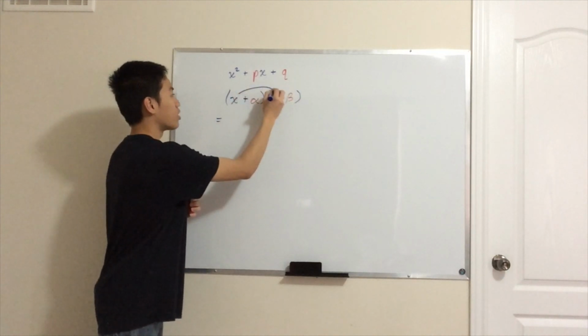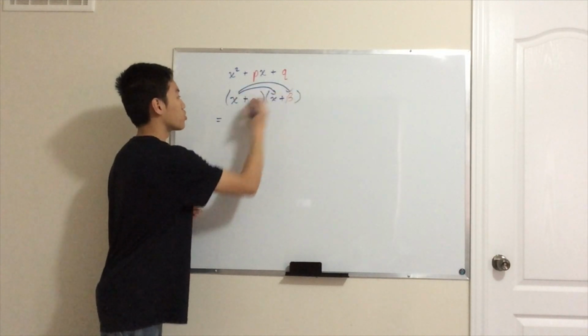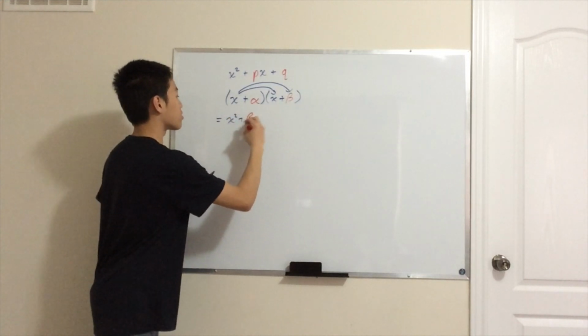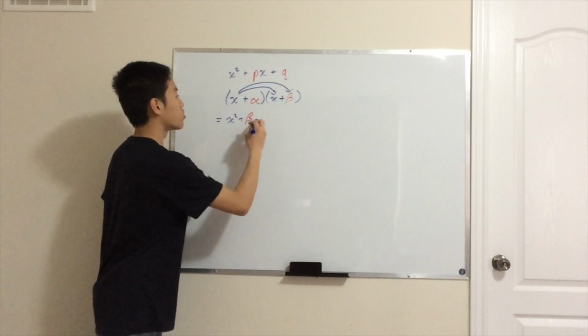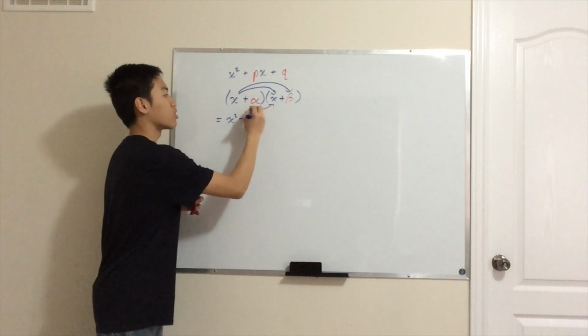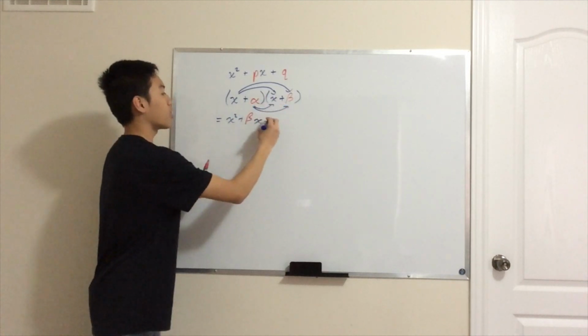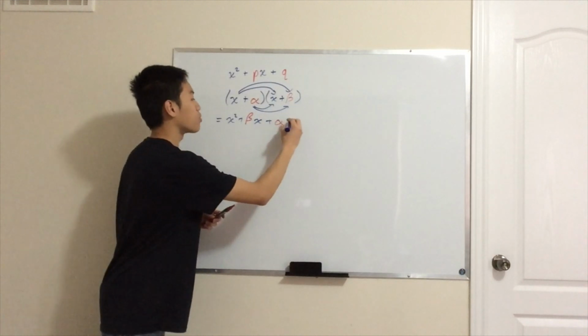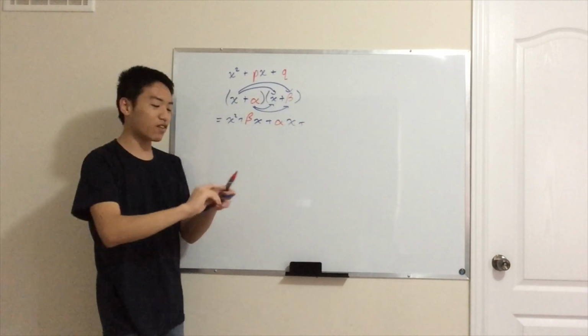Expanding, remember, we multiply by each term, so we have x squared plus beta x, and then we're going to distribute this alpha. So alpha times x is just alpha x, and alpha times beta, I hope you can agree, is just alpha beta.